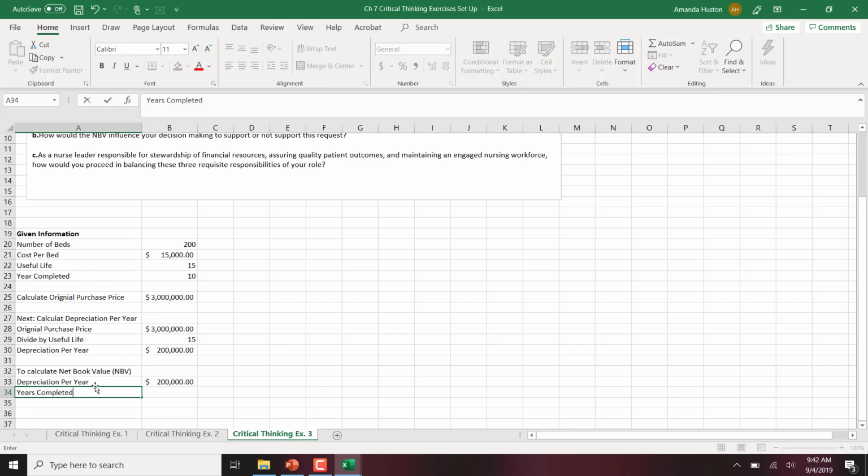So in this example, 10 years have gone by. So this would be accumulated depreciation. This is all of the depreciation we've taken.